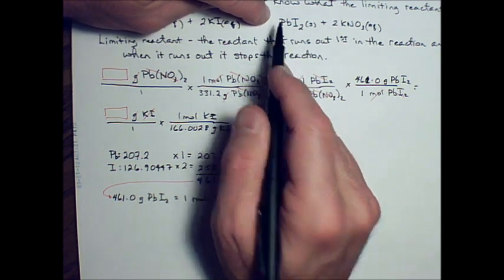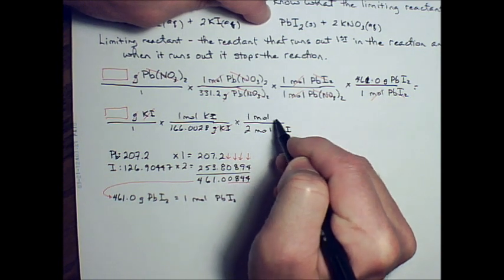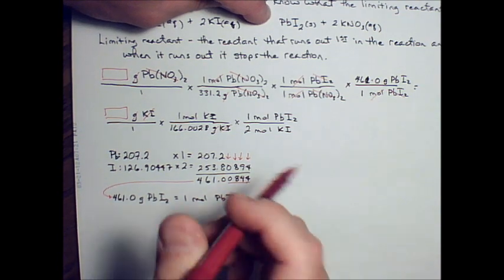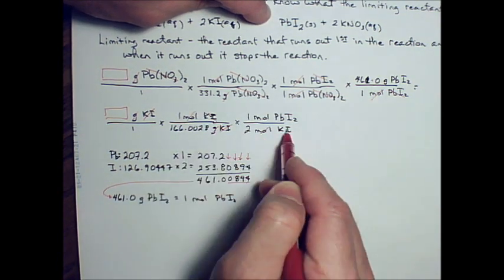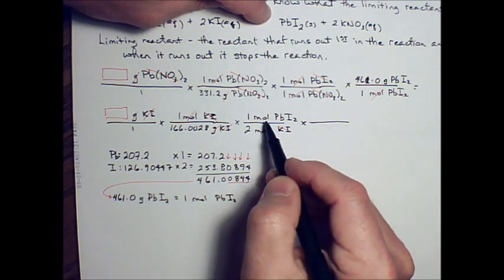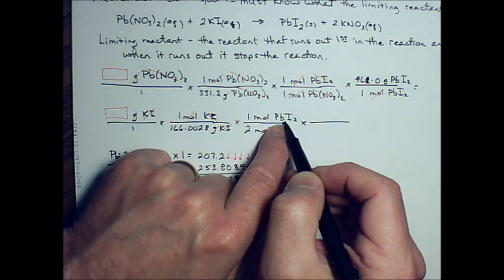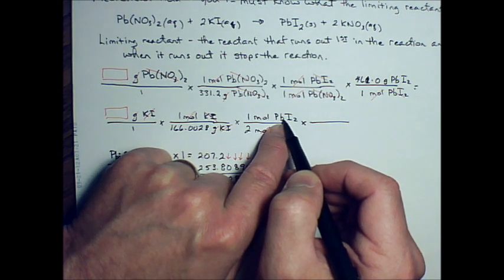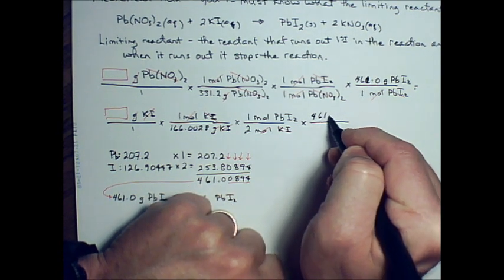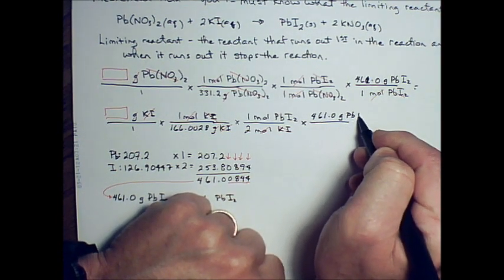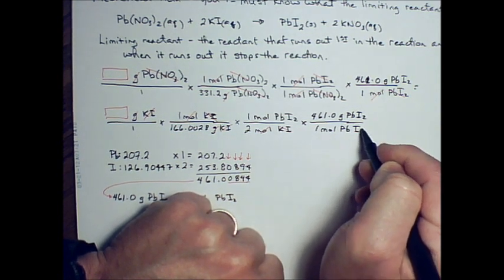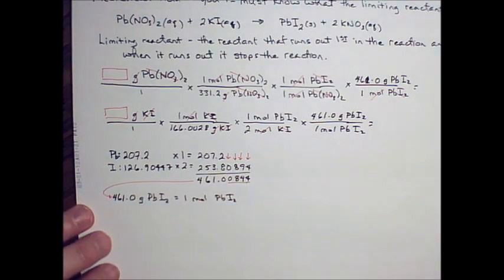We cancel the units and species, and we need a molar mass to convert from moles of lead 2 iodide to the mass of lead 2 iodide. We already have that. It's the same. And we cancel the units and species.